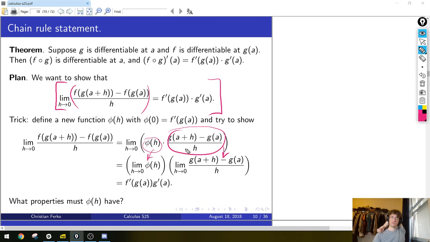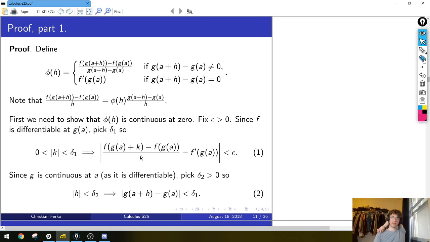But we've seen that you can only split a limit of a product into 2 separate limits if both limits exist. So we have to prove that the limit as h goes to 0 of phi exists. And since we have chosen a value for phi at h equals 0, it suffices to prove that phi is continuous, which means that its limit as h goes to 0 is equal to this thing.